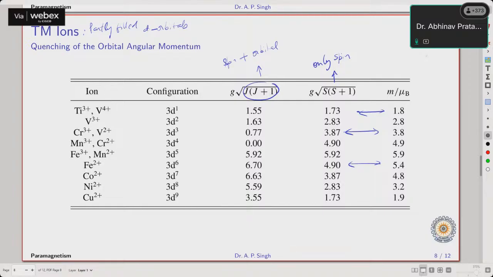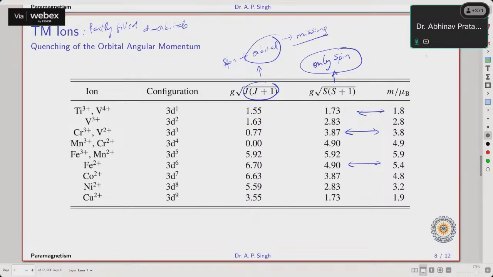So it appears that for transition metal ions, the magnetization is arising only because of the spin of the ions, and the orbital part seems to be gone. It appears that it is completely missing.